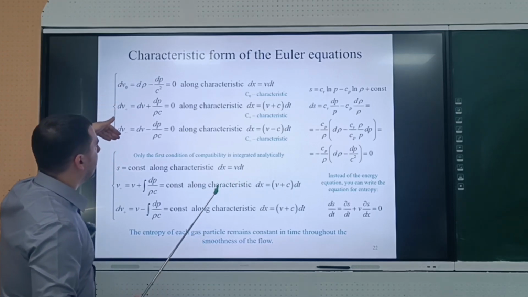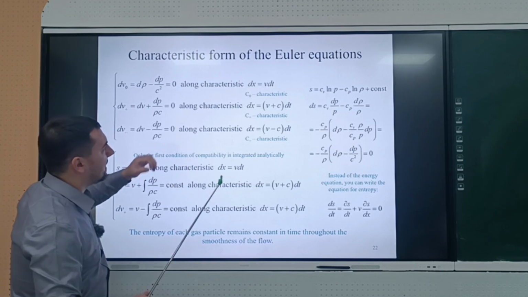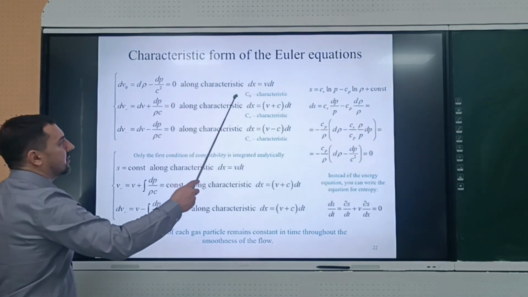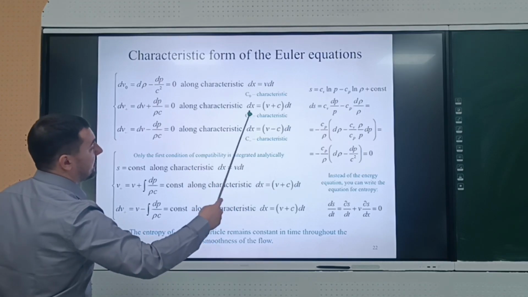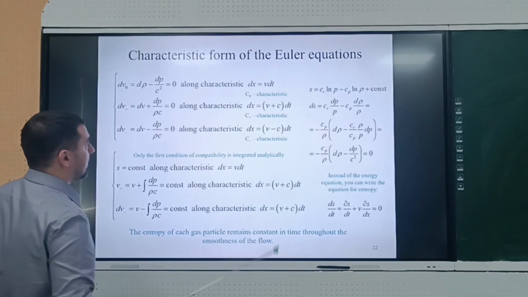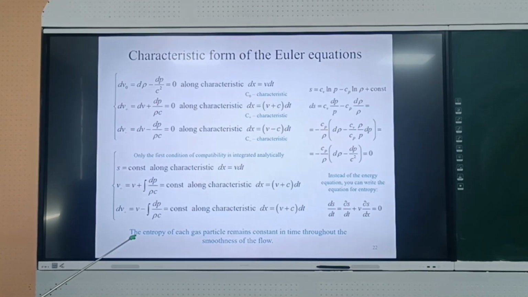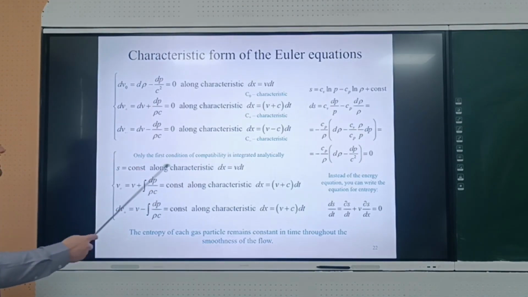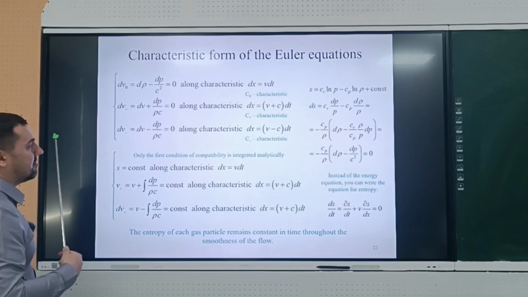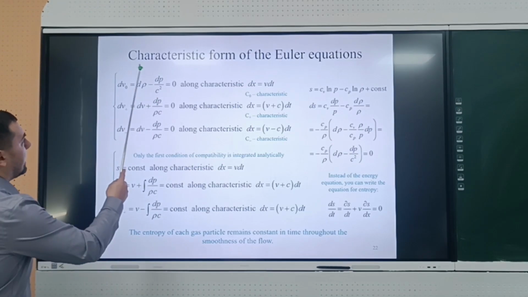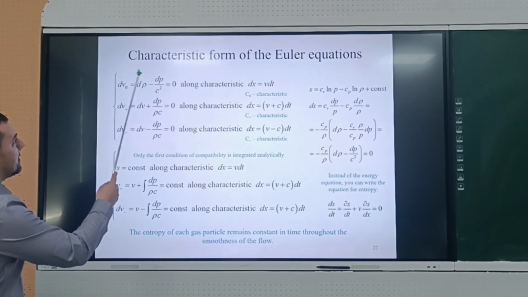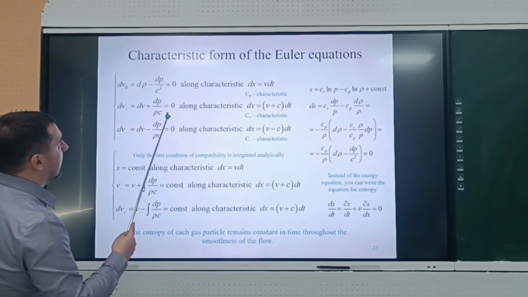Each of the Riemann invariant differentials should equal 0 along its characteristic, and these are called the C0, C plus, and C minus characteristics for the Euler equations. The problem is that these equations cannot be integrated analytically, because this is a non-linear system. Only these conditions can be integrated analytically. What does it mean?